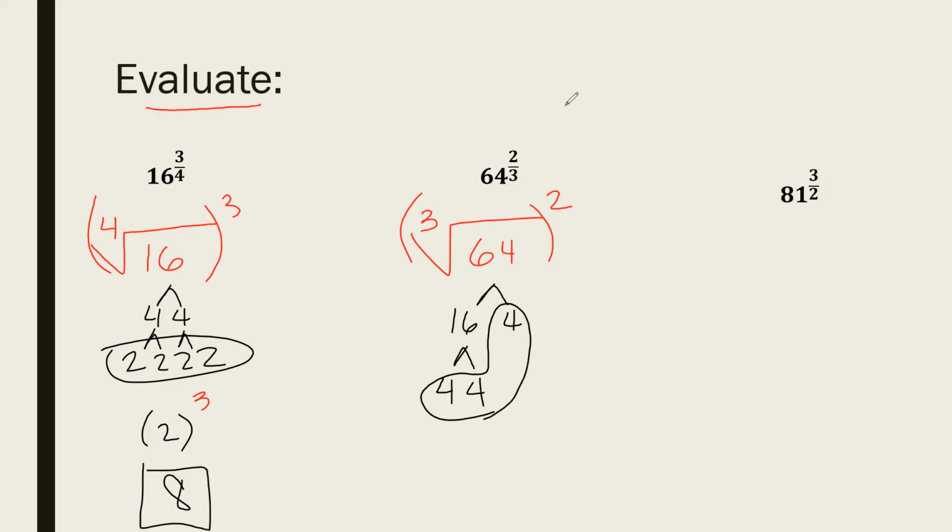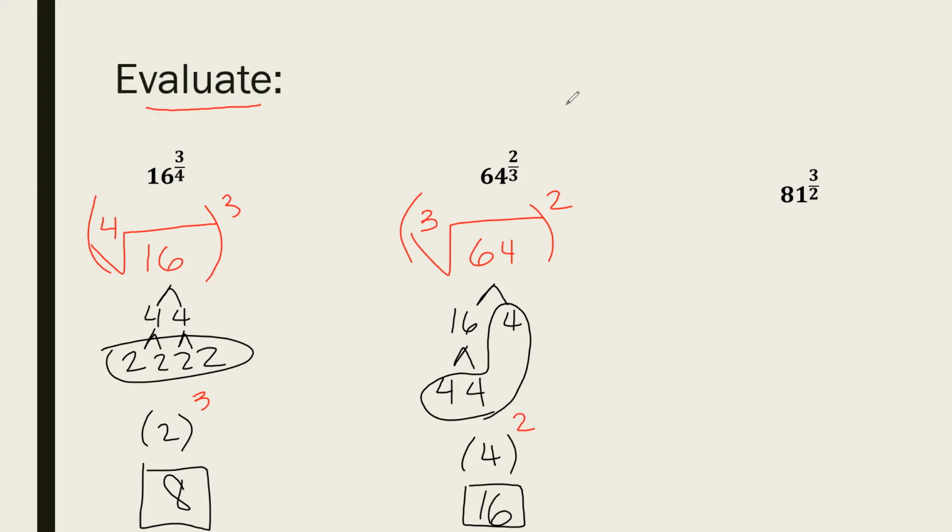Well, looky there, there's a group of 3. So the cube root of 64 is 4, but I don't just have the cube root of 64, I have the cube root of 64 squared. So 4 squared, 4 times 4, is the value, or 16 is the value of this expression.